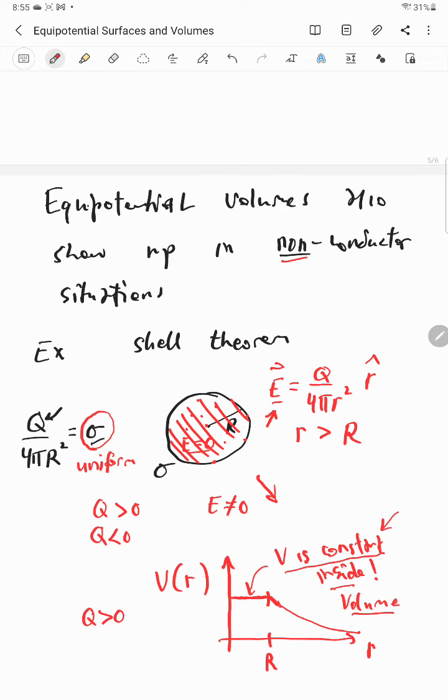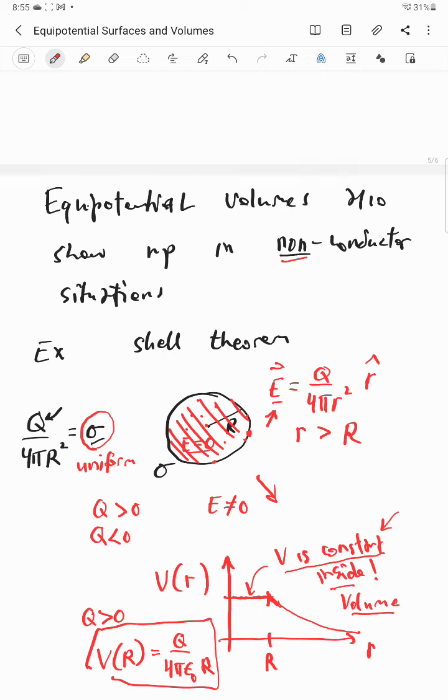And it's actually equal to, it's simply the potential at capital R this way. This right here is the value of the potential everywhere in here because it's the value of the potential at the surface.